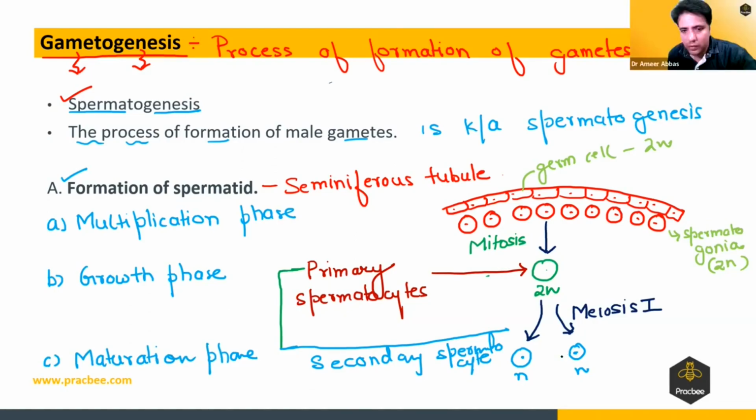In this phase, the secondary spermatocyte undergoes one more meiotic division and produces 4 haploid cells, and these haploid cells will be known as spermatid.